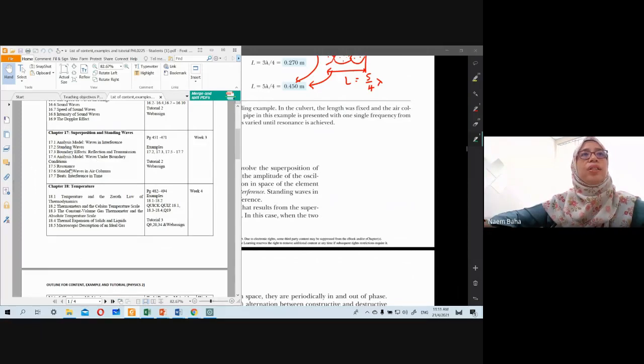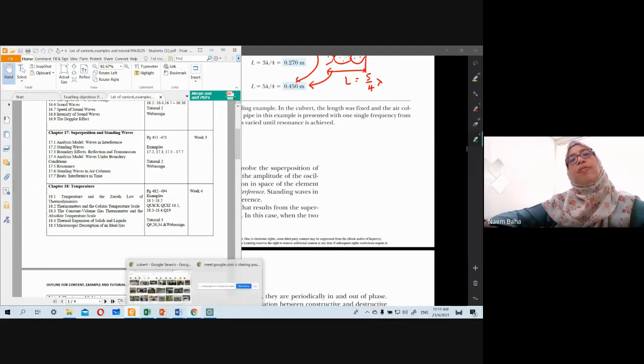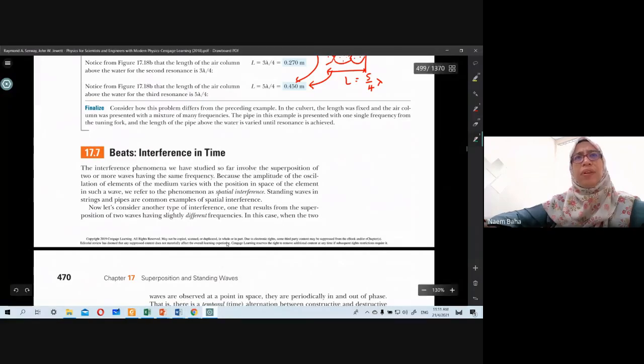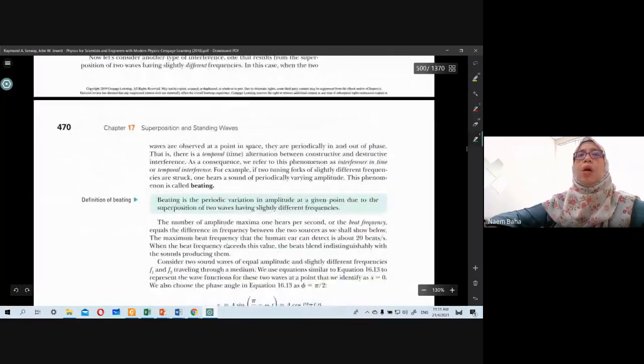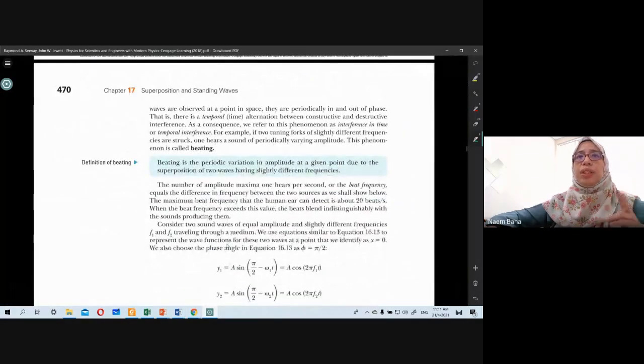So earlier, today's session was more on resonance with an air column, and now interference in time, which is beats. Now beat is a phenomenon. What phenomenon? When two sounds of slightly different frequency sound simultaneously.